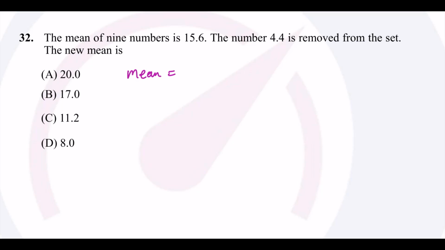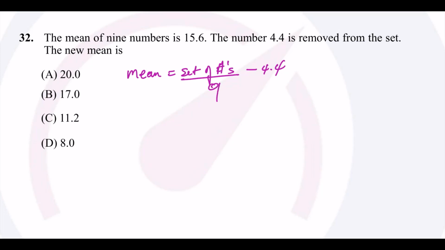But anyway, the common average that everybody loves, the layman's average, is the mean. So we know this would be the set of numbers here, and 4.4 is removed from the set.